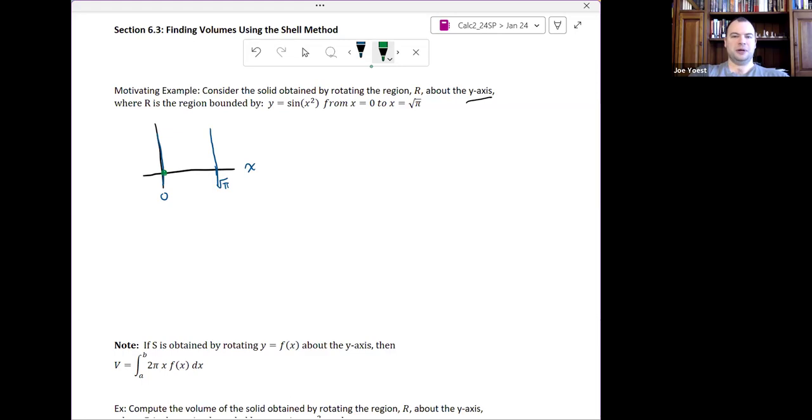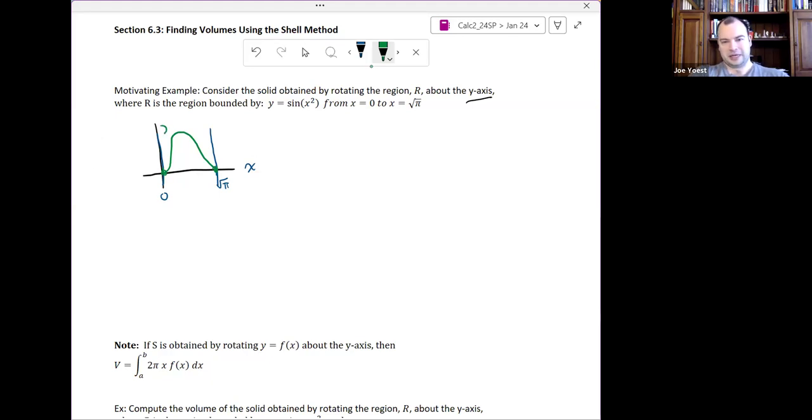And if I put in root pi, I get root pi squared is pi, sine of pi is 0. We're basically inputting into sine the numbers from 0 to pi. So we know that we're positive on this interval, and maybe the curve looks something like this. Not going to quite look like sine x on 0 to pi. It's going to be a little deformed.